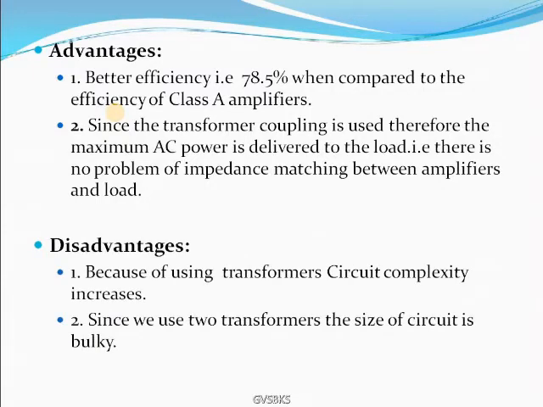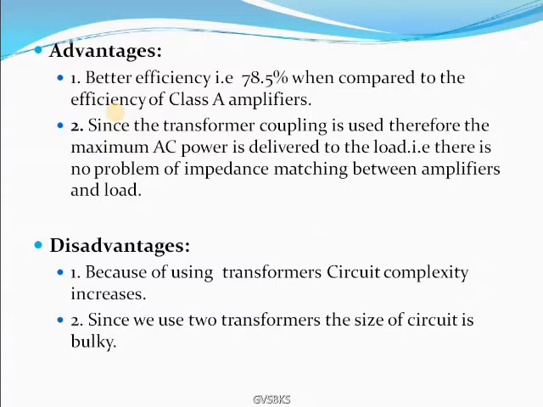If you see the disadvantages, as we are using transformers, the circuit complexity will increase, because if you see the circuit, both transformers are center tap transformers, so the circuit becomes complex.